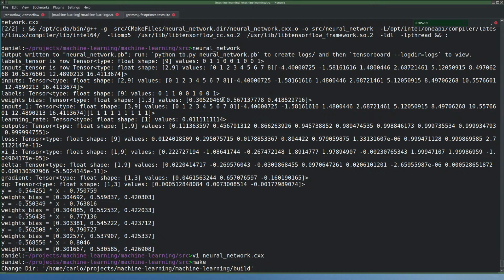Now here it prints as a double. I think the precision is maybe just too low.